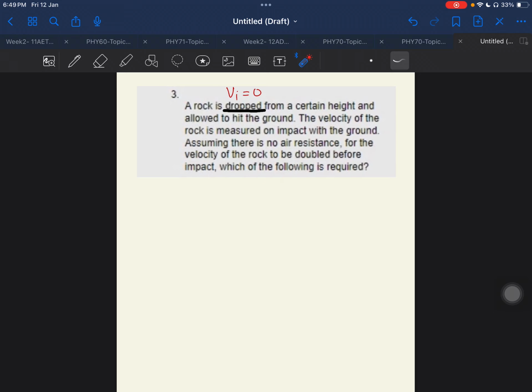So there were 4 options. To decide the answer, first we will write Vf square equal Vi square plus 2as, the kinematic equation. Then Vf square, Vi is 0, so we can write 0, plus 2ah, because we are talking about height.